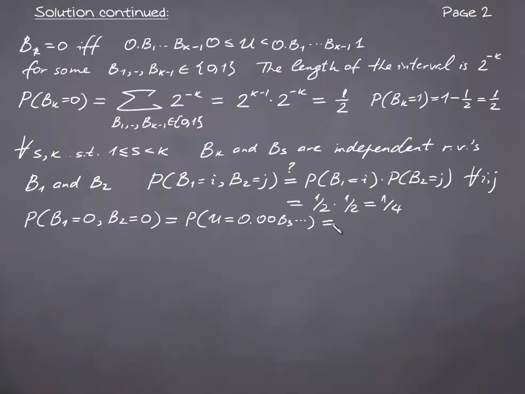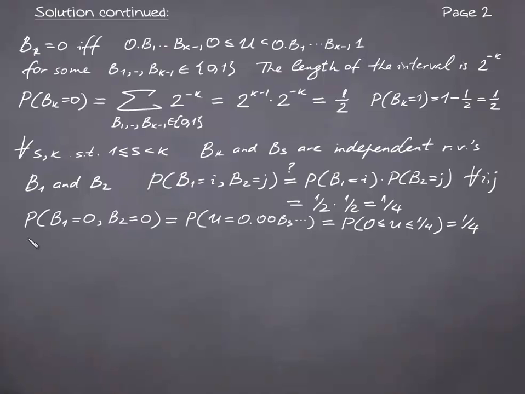Considering the 2 extreme cases, where all of these digits are either 0 or all of them are 1s, we obtain the inequality for u. So u has to be between 0 and 1/4. So the probability is 1/4.